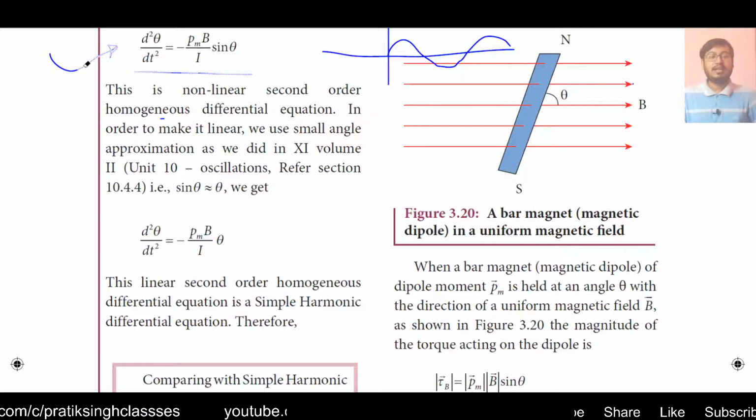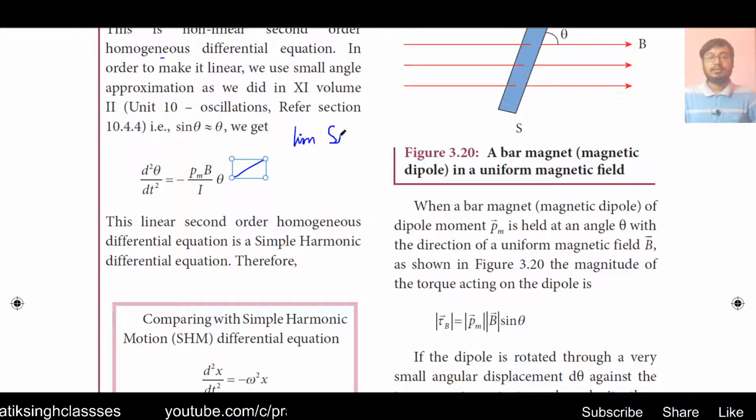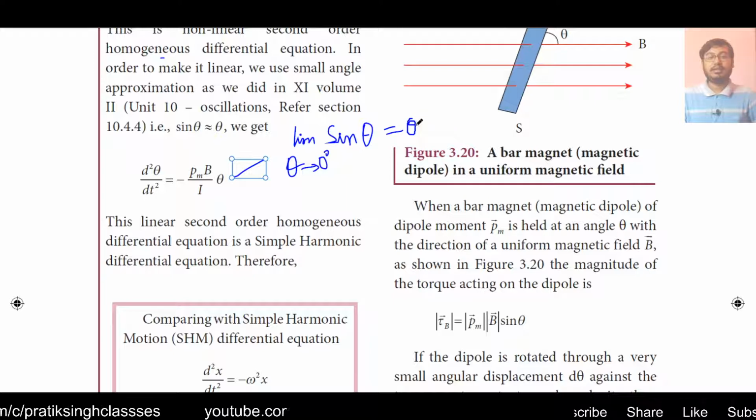For smaller values, sinθ tends to θ. So we will have d2θ/dt² = −(PmB/I) θ, because you know very well that the limit of sinθ as θ tends to 0 degree is equal to θ. When θ is very small, we have sinθ equal to θ.